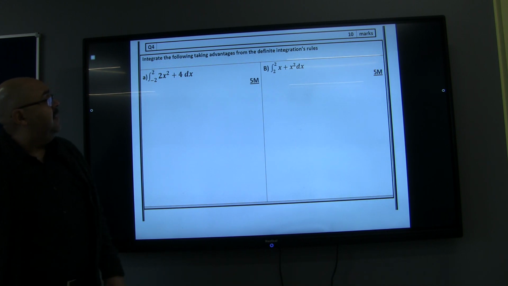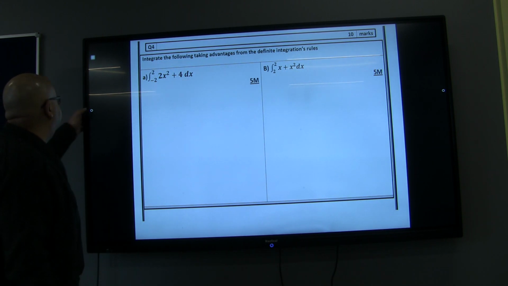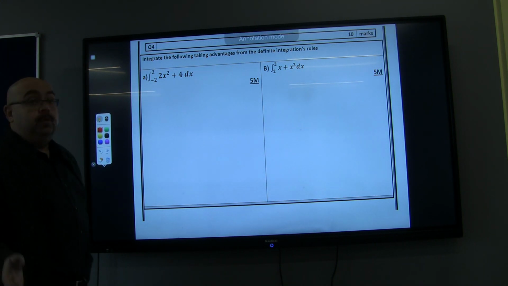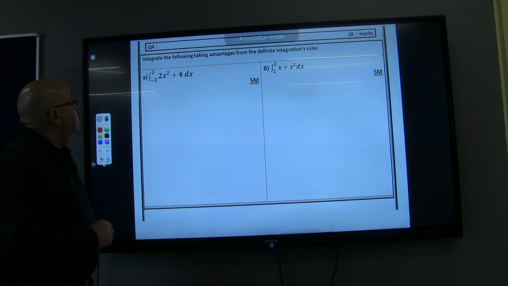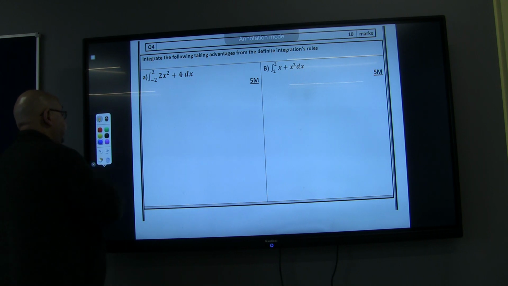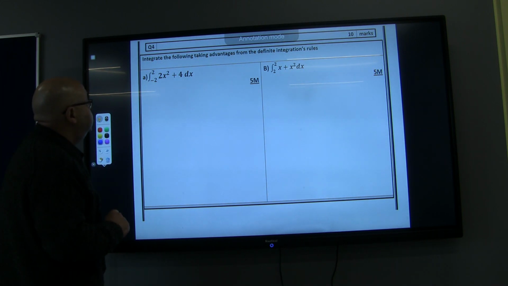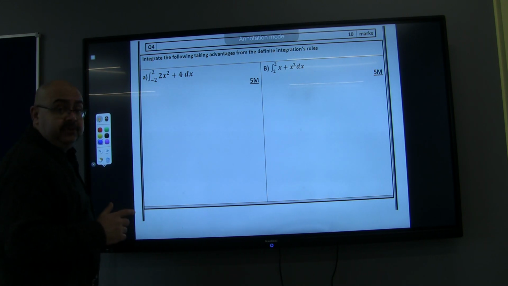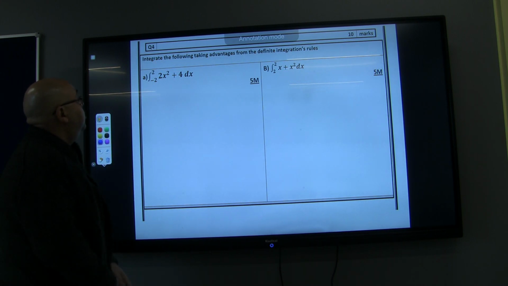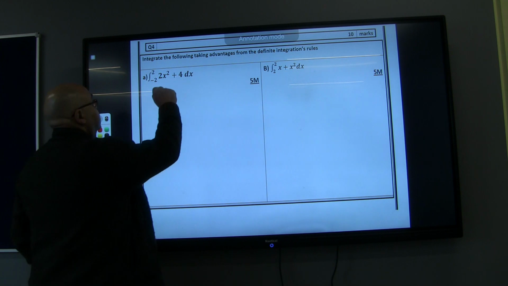Also, we can take advantage of some of the properties of definite integration, like in the first problem. For example, integrate from negative 2 to positive 2 of 2x squared plus 4 dx.